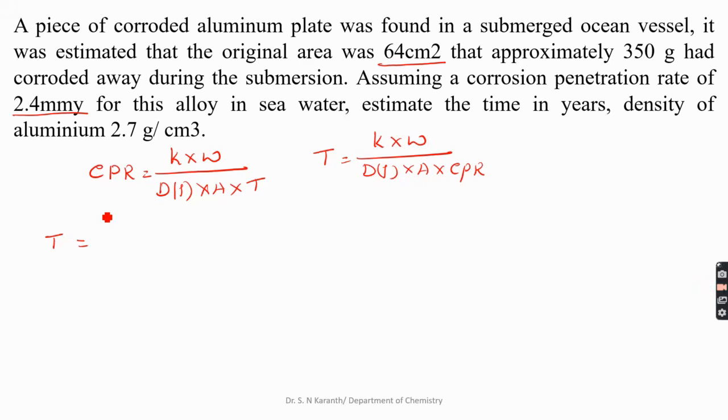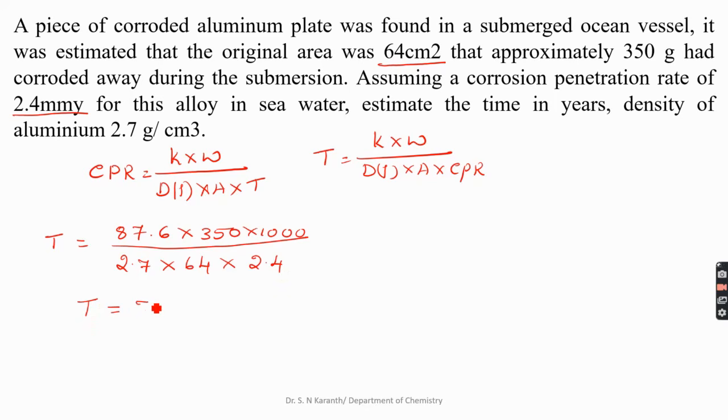So T value is equal to, here it is in terms of Mmpy, so K becomes 87.6, and 350 gram should be converted into milligram, multiplied by 1000, 350 multiplied by 1000. Density is 2.7, area is 64 centimeter square, and CPR given is 2.4. And we'll get the time as 73,929.39 hours.